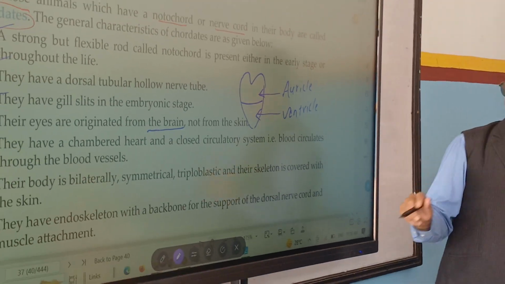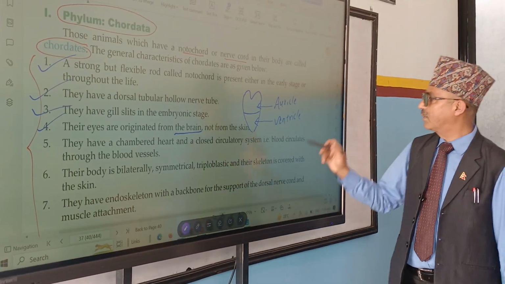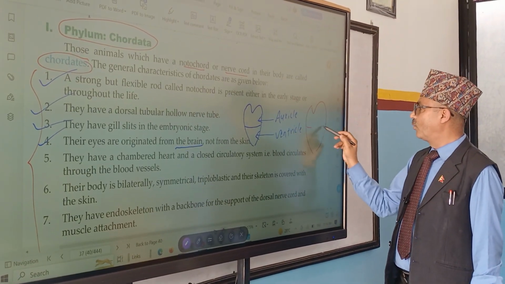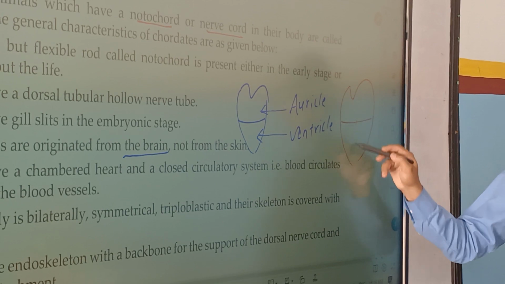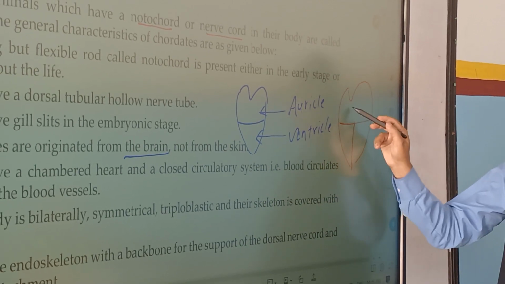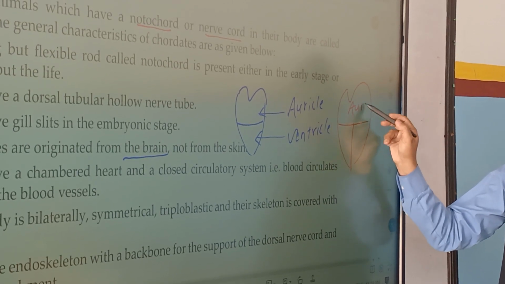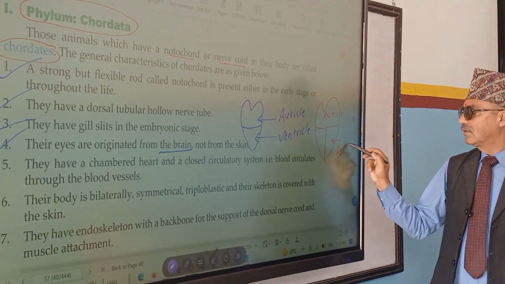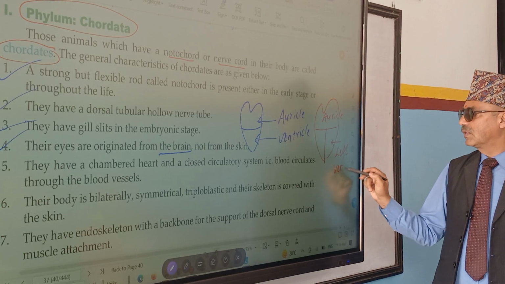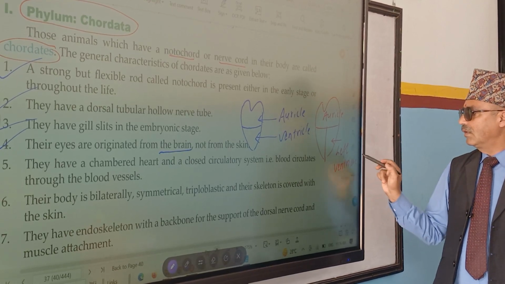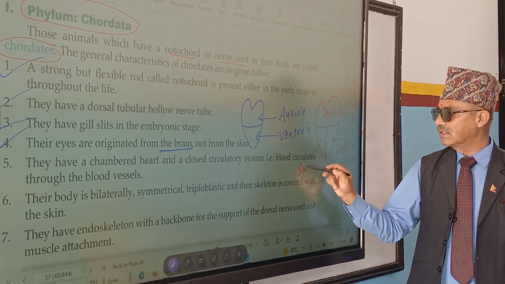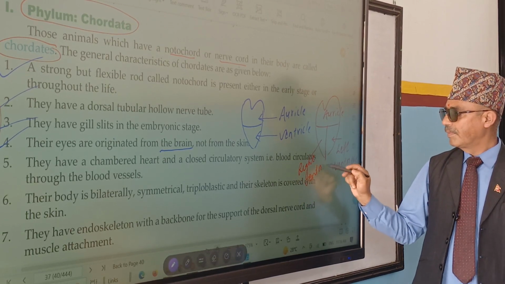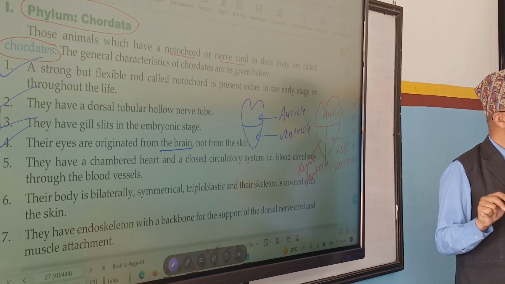But the heart may have 3 chambers: 1 auricle and 2 ventricles, the left ventricle and the right ventricle. Remember the chambered heart.